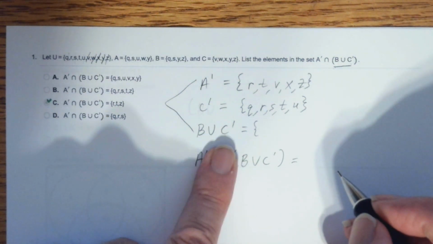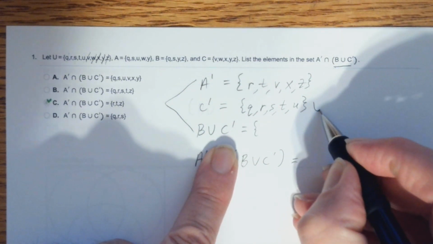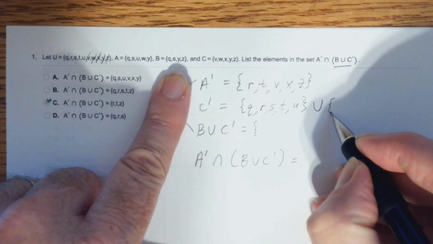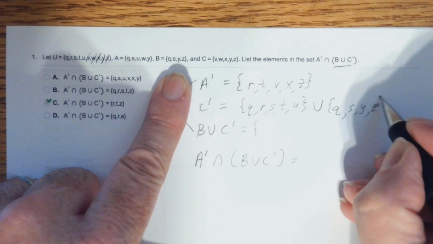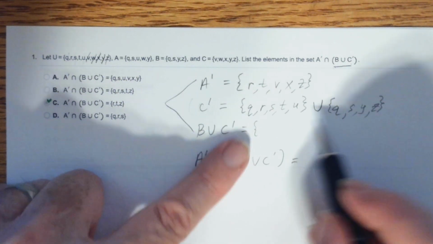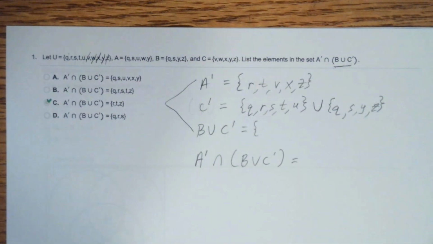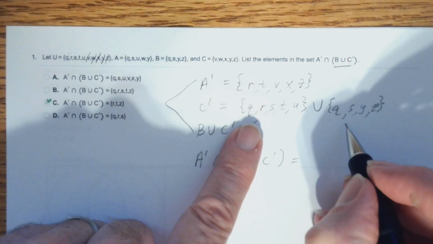Now, B union C complement, we're going to take C complement and union that with B, which has Q, S, Y, and Z. Remember union, think the word combine. It's everything in the first set or the second set or both. So we just basically combine the sets.